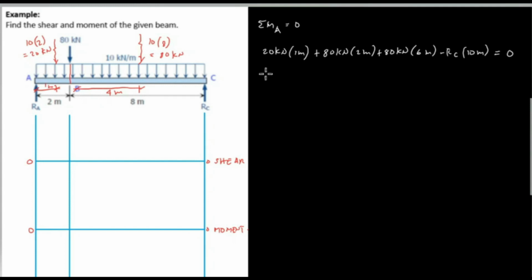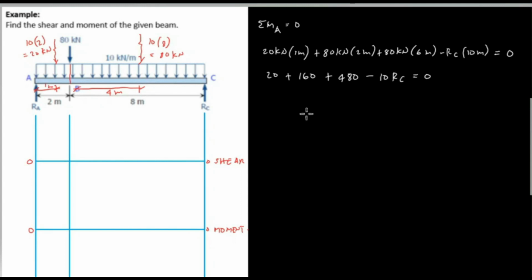So 20 times 1 is 20 plus 80 times 2 is 160 plus 80 times 6 is equivalent to 480, then minus 10 RC, which is equivalent to 0.